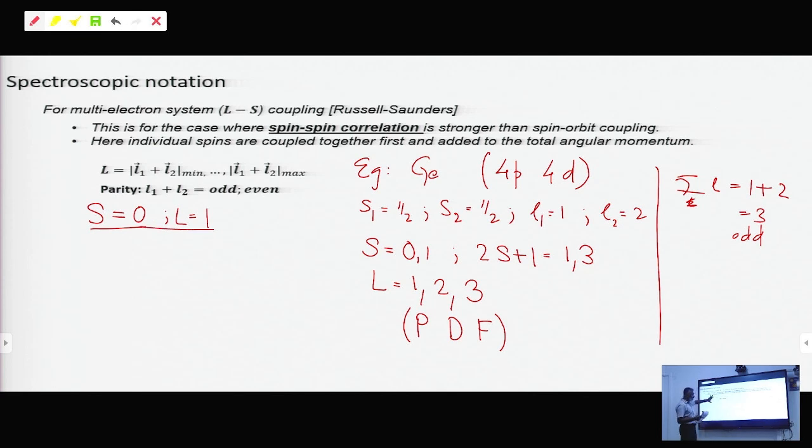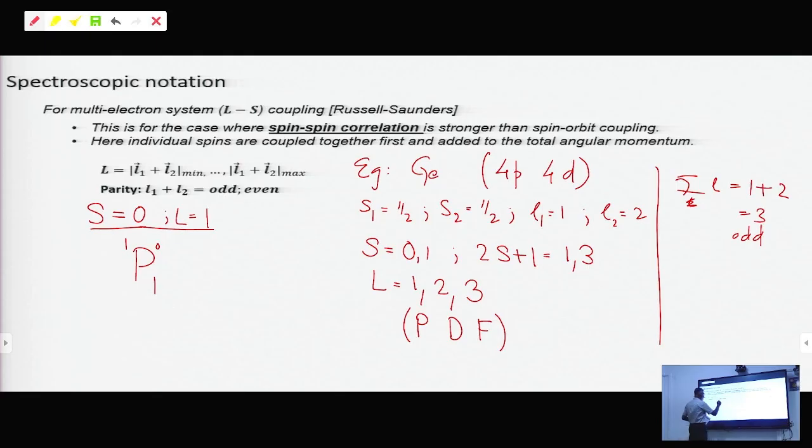Now, let's write down the spectroscopic term. L equal to 1 means P, and it's a singlet, 1P with J equal to 1, and it's odd parity. So this is complete.